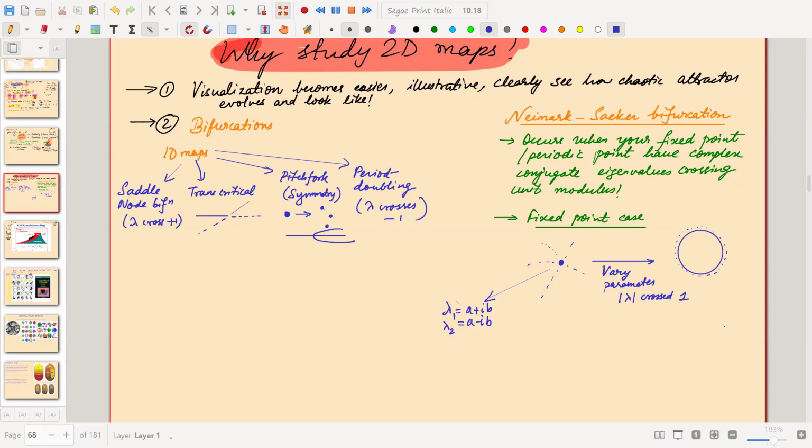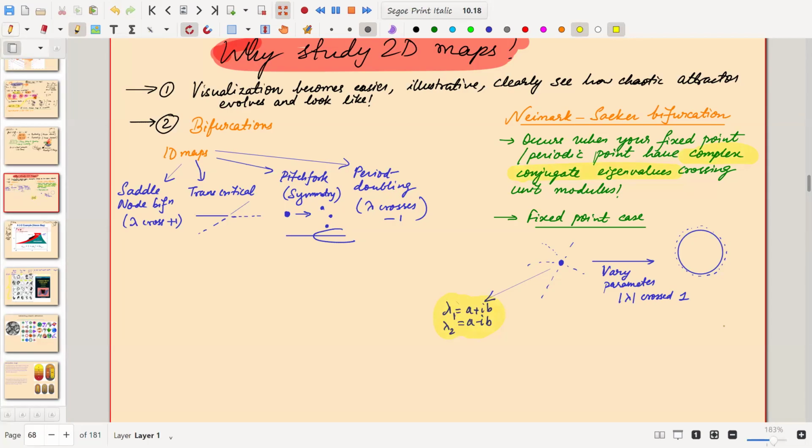Since this bifurcation needs complex conjugate eigenvalues, meaning two eigenvalues, a plus ib, a minus ib. In a 1D map, can you have two eigenvalues? No. In a 1D map, you have only one eigenvalue.